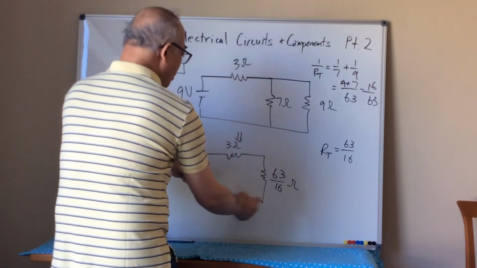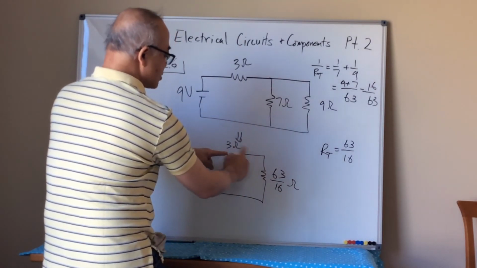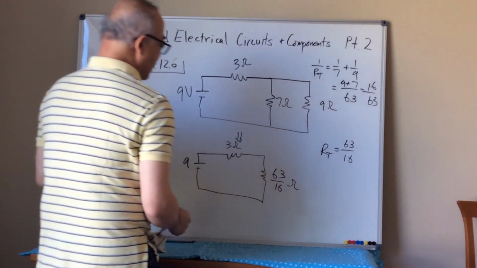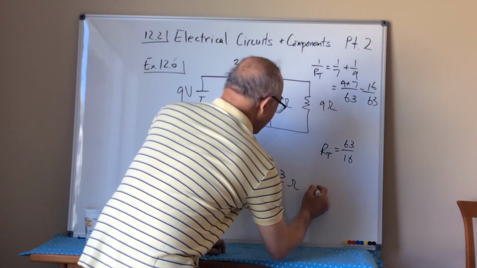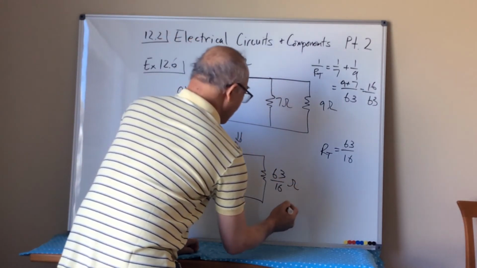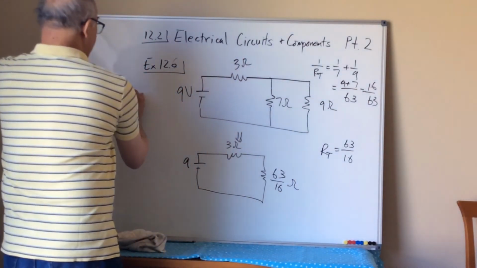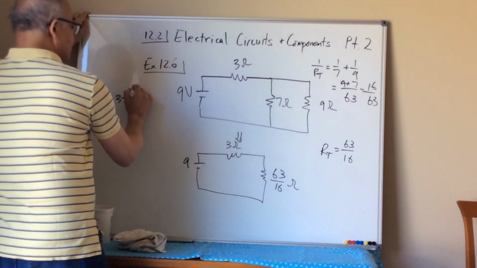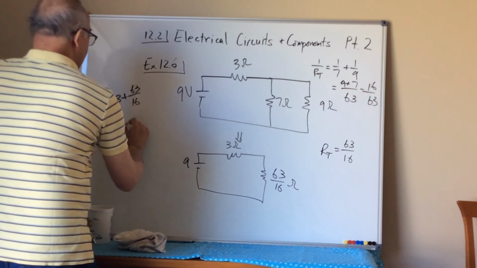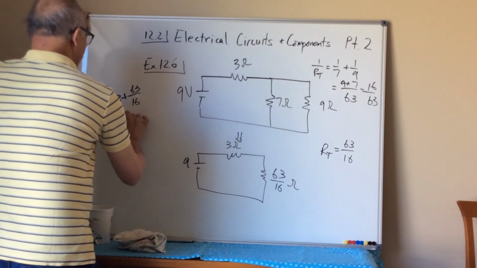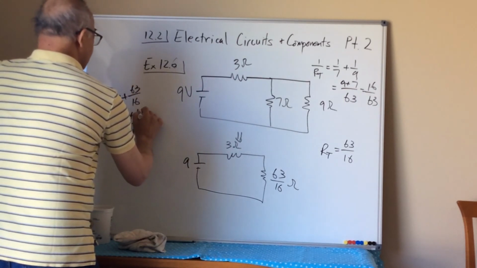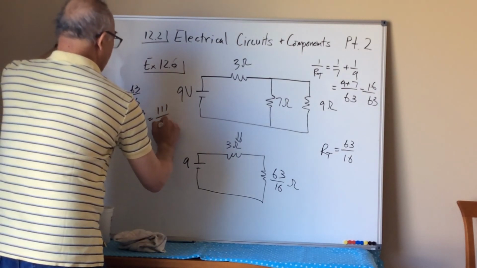So now I have a series circuit, I can just add these two together, right? So the total resistance over here is going to be 3 plus 63 over 16. That would be 48 plus 63, 111 over 16.